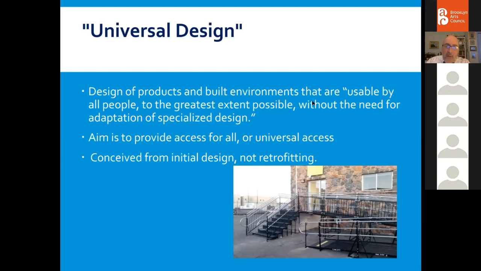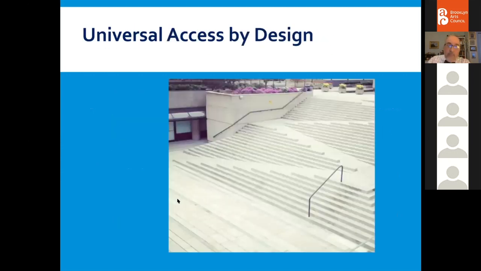Now we're going to look at another example. Here's another example that solves the same problem. It takes people from one level to another level, and it accommodates people with different mobility possibilities.